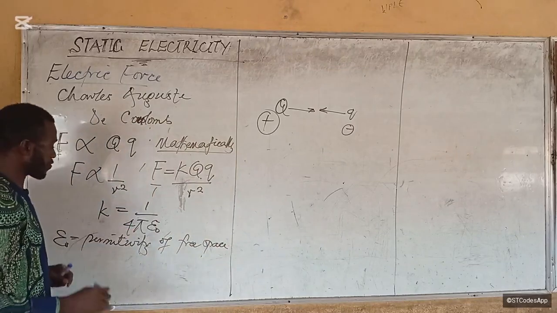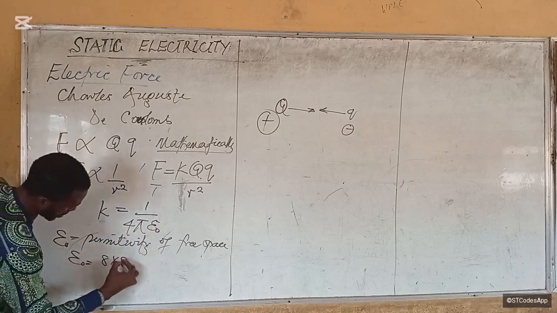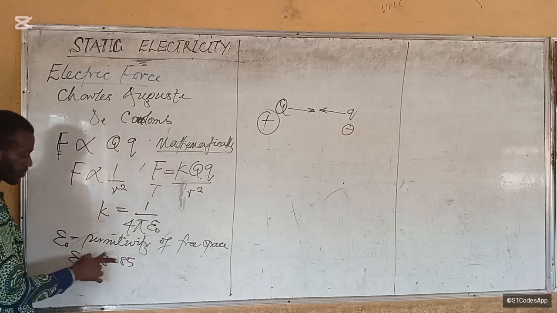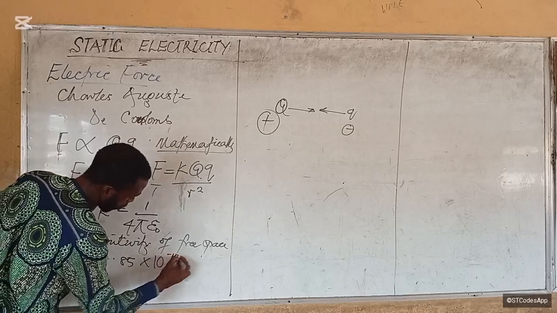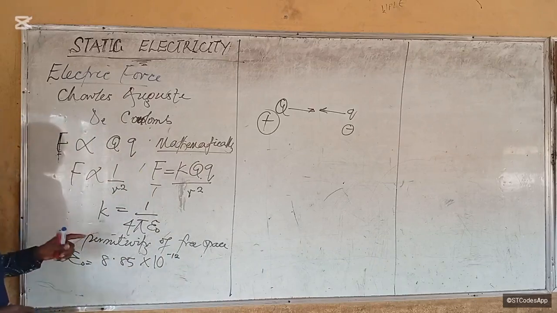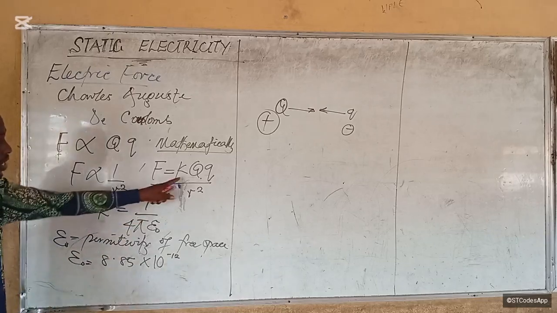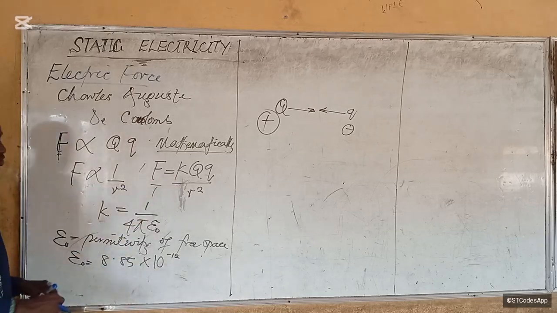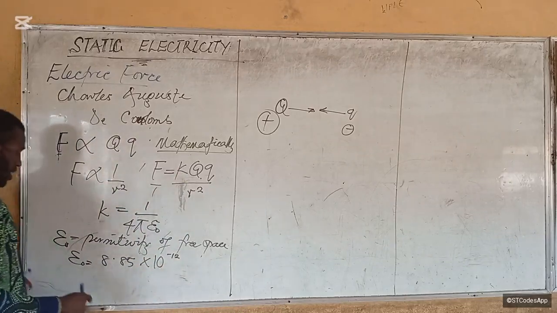Now, we know the value of pi. The value of epsilon naught is equal to 8.85 times 10 raised to the power minus 12. Now, it has its own unit, so I'm going to derive the unit for us. The unit of force, of course, is Newton. I'm going to derive the unit of this constant also, but let's derive the magnitude first.